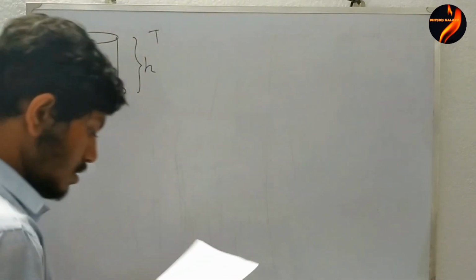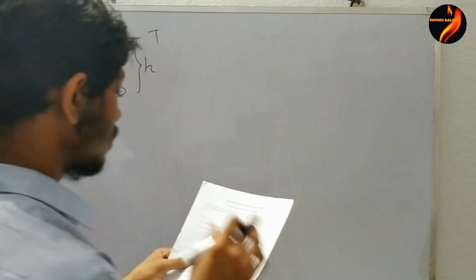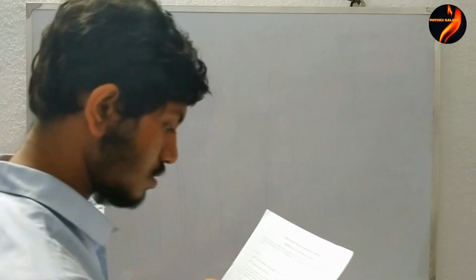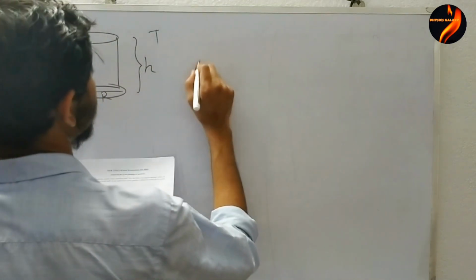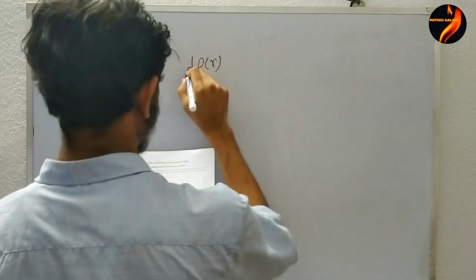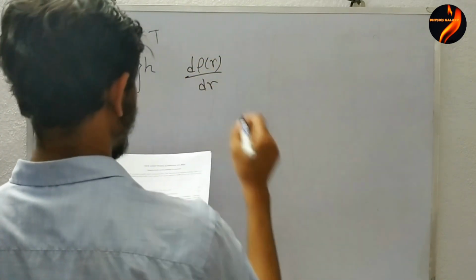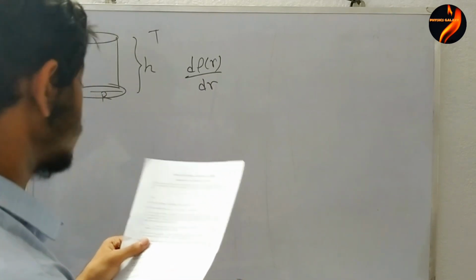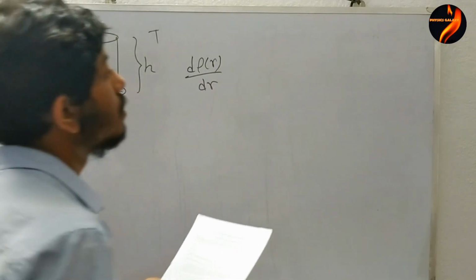And if it rotates with an angular velocity omega, then we have to calculate the mass density rho of r and find the expression of del rho by del r at distance r from the axis of this cylinder.